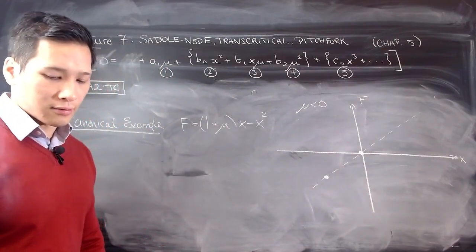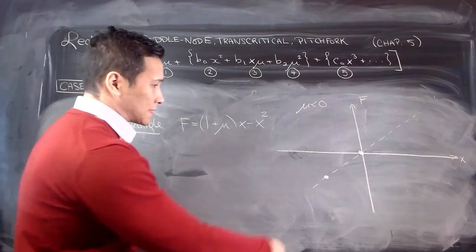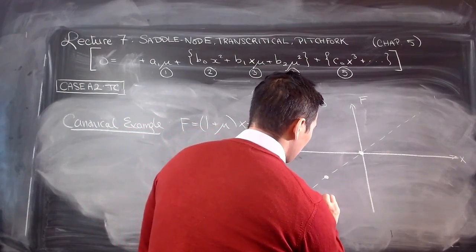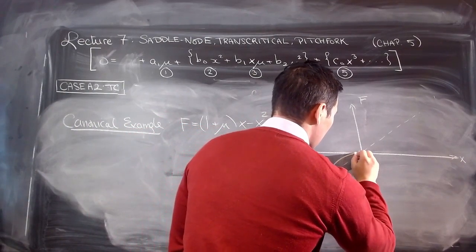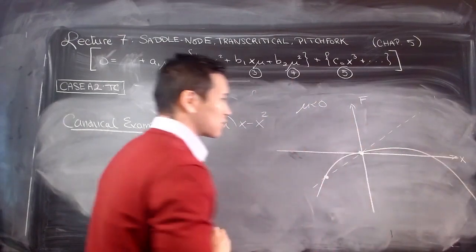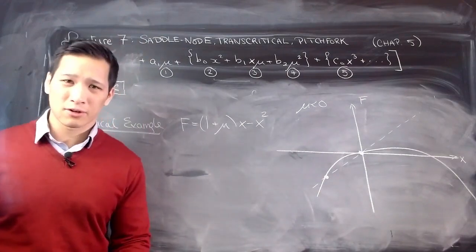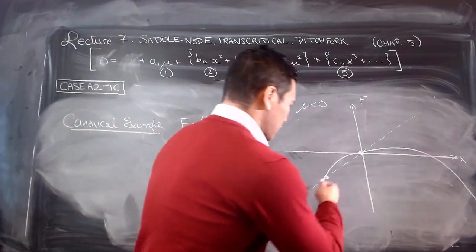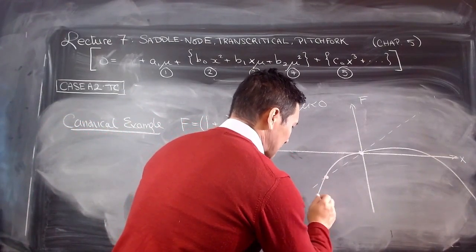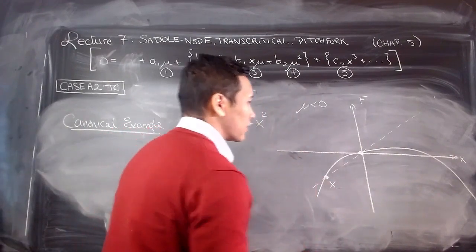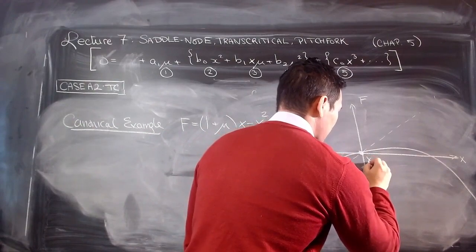When you draw this diagram, just make sure that the gradient here is fairly steep, and then it's shallow here because there's no intersection on the right. It's not a very nice parabola, I know, but it gets the picture across. So this is our left fixed point. I can't remember what this was called. Let's call it the x minus fixed point, and this is our x positive fixed point, which is equal to 0.